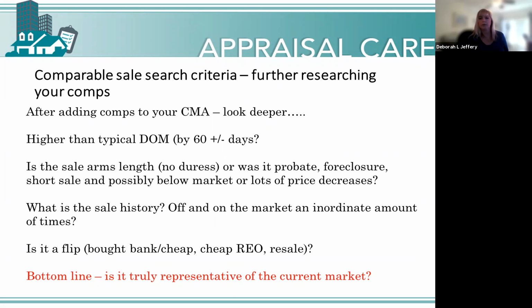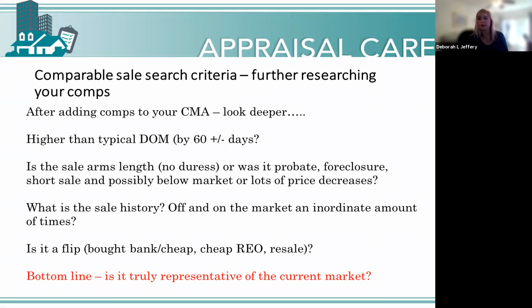I also, comps that are flips, we want to take a good look at those. The lenders do make us put in our reports any previous transfers of our comps within the past year. So if there was a previous sale, we need to explain why did this sell for so much higher now, 3 months later, than it sold for before? A lot of times it's pretty easy to figure that out.